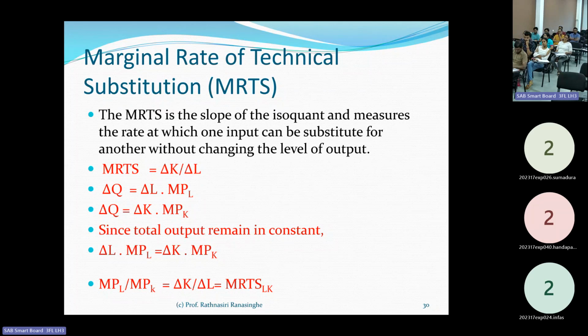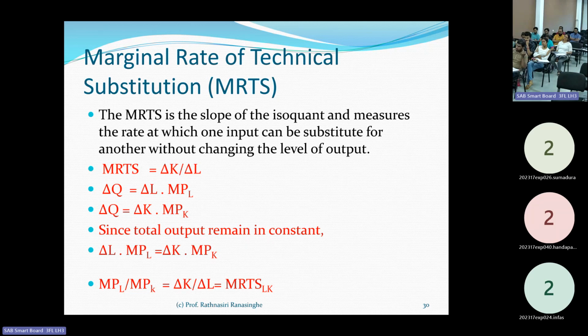Along the isoquant, the change in output is 0, because we get the same output level throughout the isoquant. So delta Q is 0.